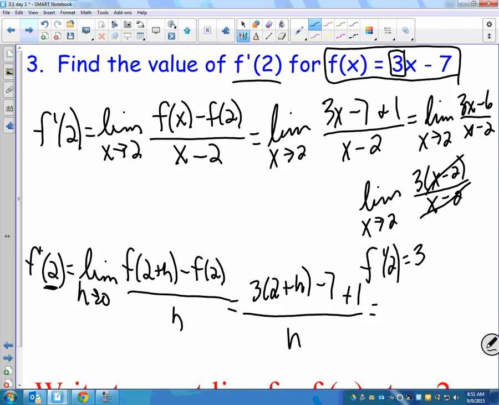So you get 6 plus 3h minus 6. It's getting weird, but the 6's cancel out, so then I can cancel h's out. So you still get 3 as your answer. Alright, so you get the same answer. Again, this is linear, so if you notice that, you don't have to do all that work every time.